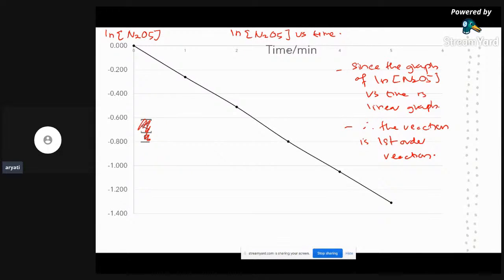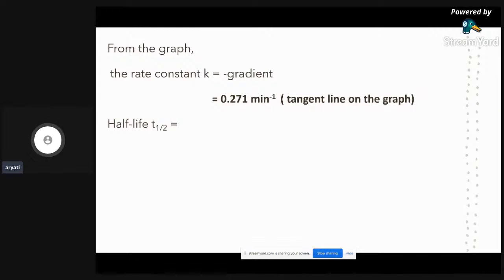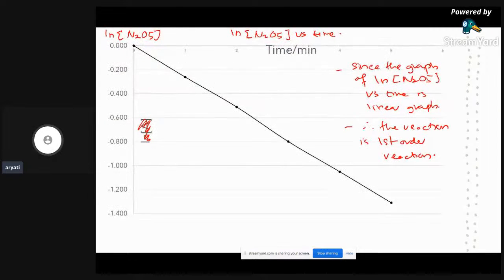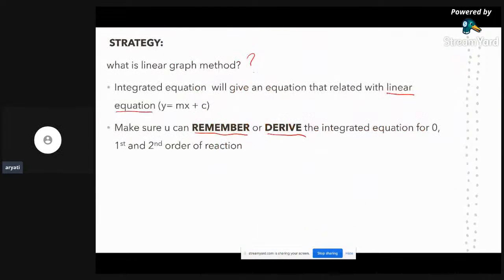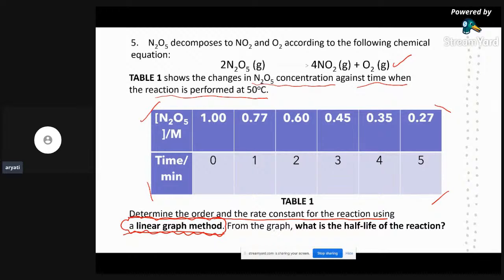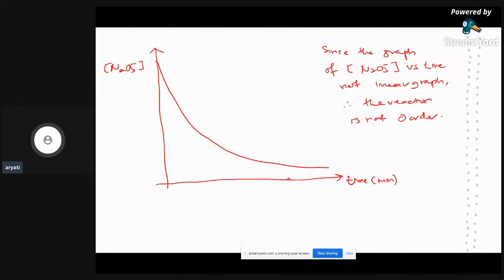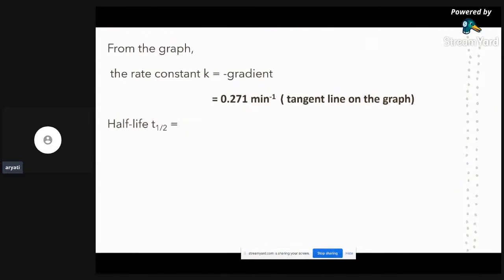Okay. Lepas tu soalan kata, the question asks you, from the graph, what is the half-life of the reaction? Okay, so dia suruh kamu cari half-life.